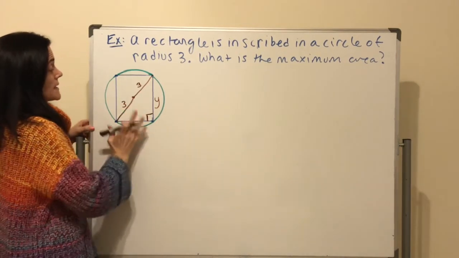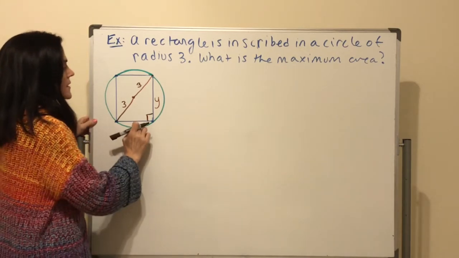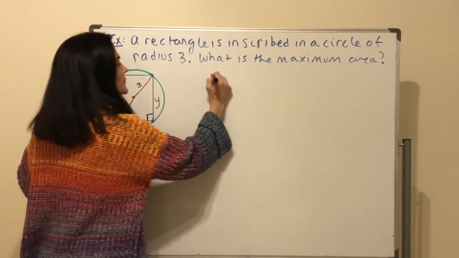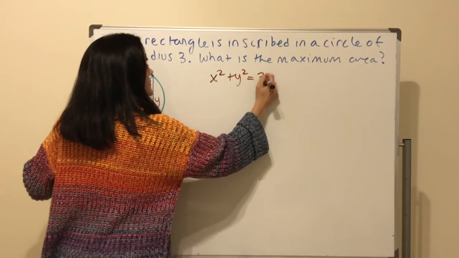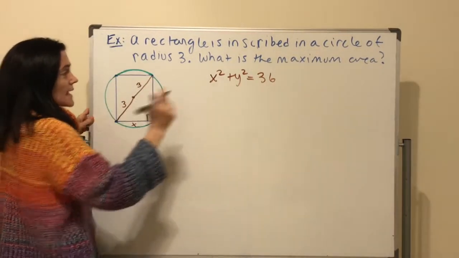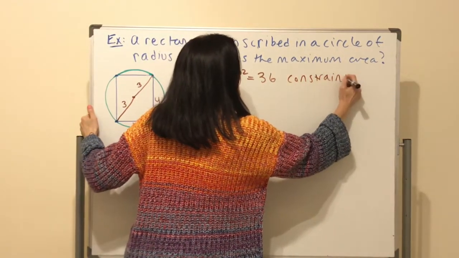So if we use the Pythagorean theorem, x squared plus y squared is 6 squared. And this is our constraint equation.